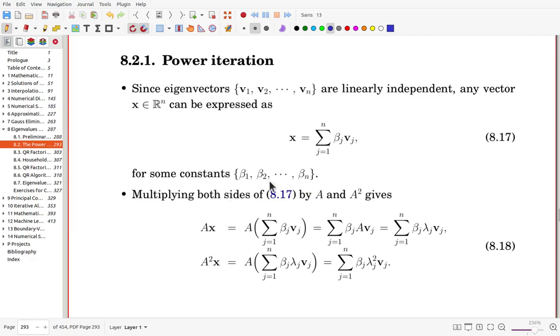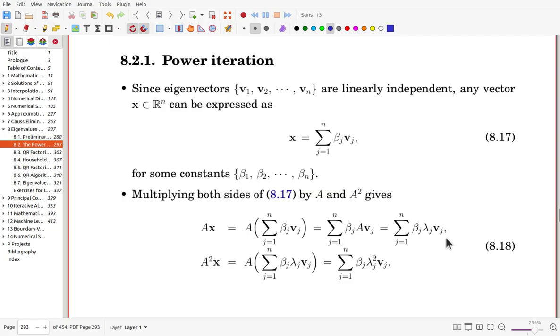We multiply both sides by A, then we have Ax. Now we apply A, multiplying term by term. So in the jth term, A v_j is lambda j v_j.